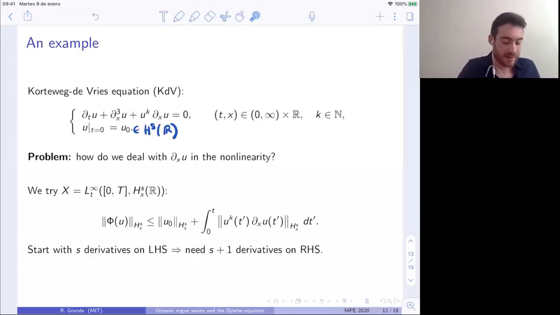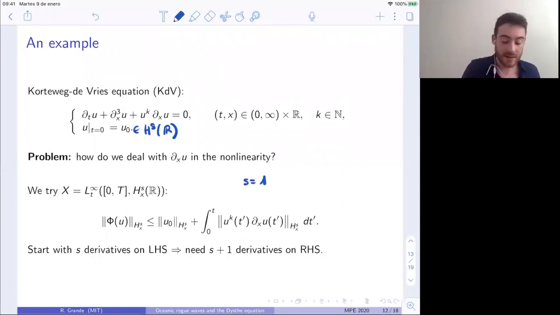So if we take the norm in this space on both sides of the integral equation that I presented, you will quickly notice that in order to control the H^s norm of phi(u), you actually need to control more in terms of the right-hand side. So here, you can think about this as the case s equals 1, for instance.